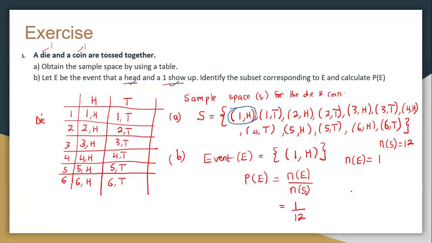Now take note that when you have 1 out of 12, like I told you, your answer can be a fraction, a percentage, or a decimal. But when you put it into decimal, you notice that you'll have 0.083333 and so on.